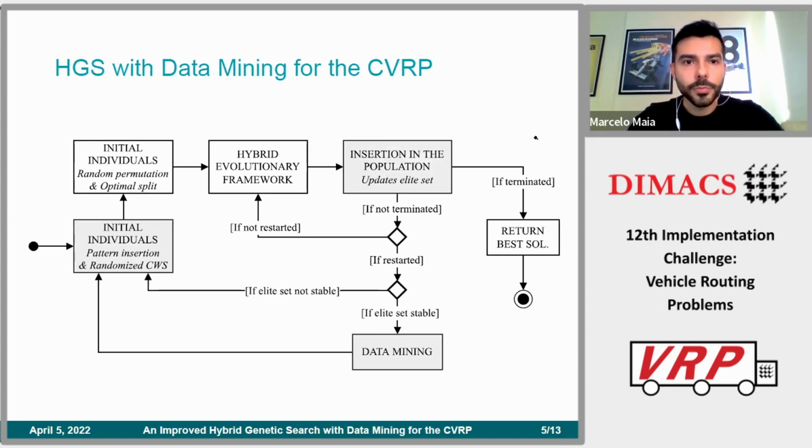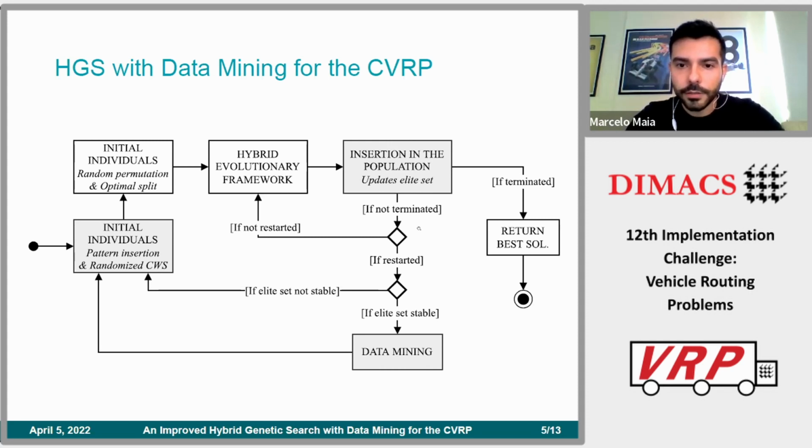Now here is a representation of our method. The gray boxes represent the new or modified components. First, we made a little intervention here, so that whenever a new individual is inserted in the population, if it makes the cut, then it is inserted also in the elite set from our approach.